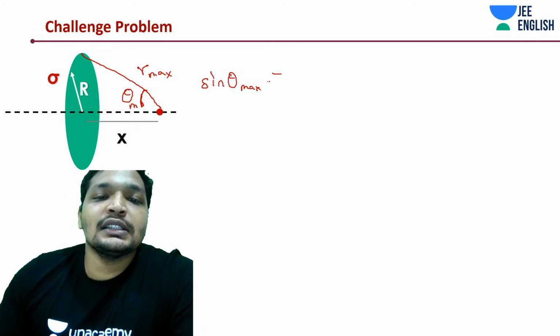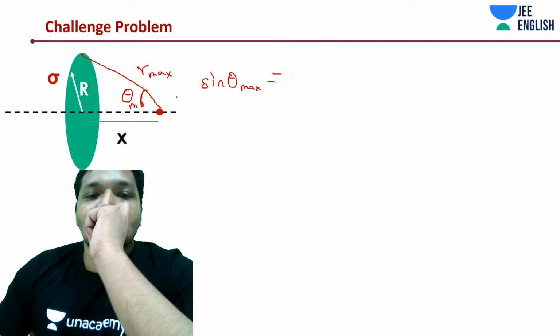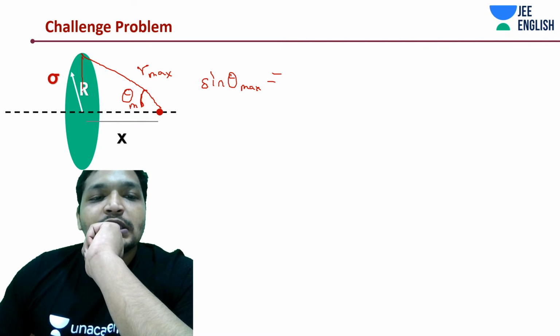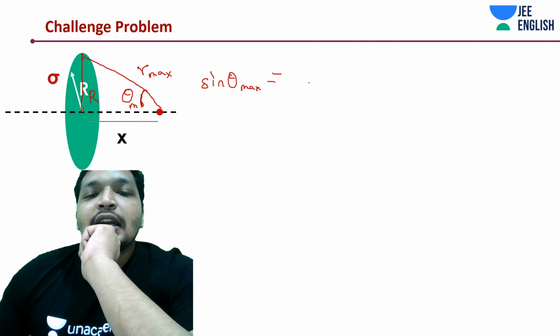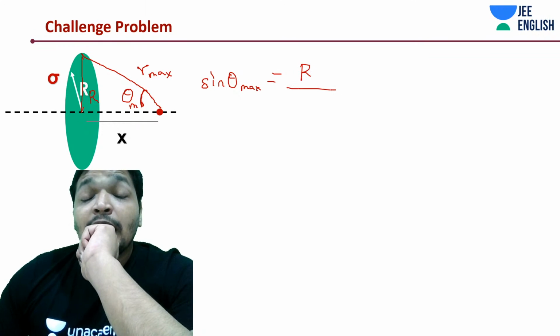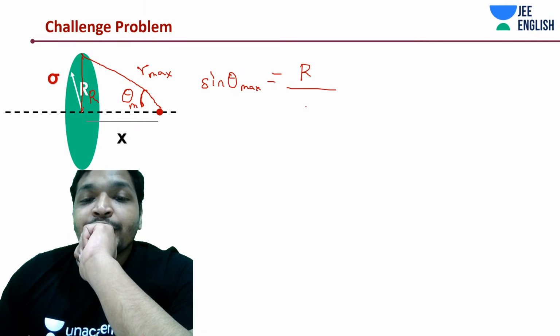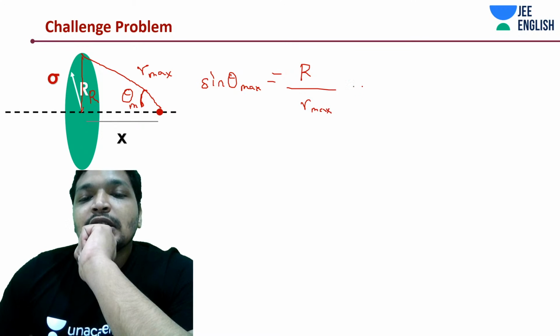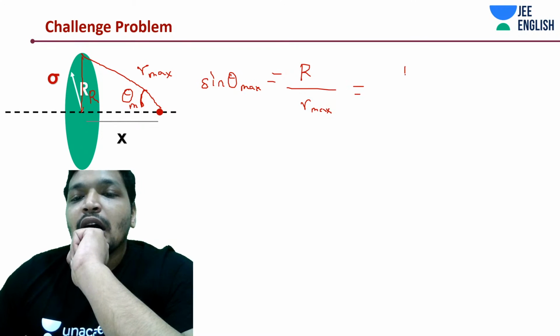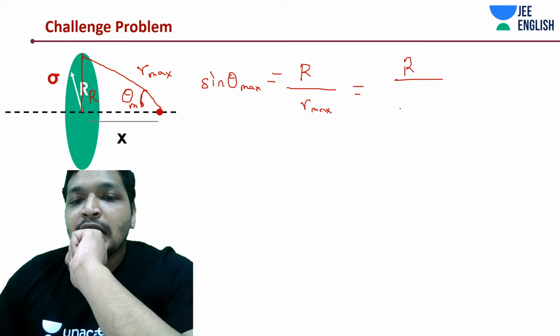How much, students? It's basically the easiest thing you could do. This is r, and sine is opposite by hypotenuse, r by r max. How much is r max? R divided by under root of r square.